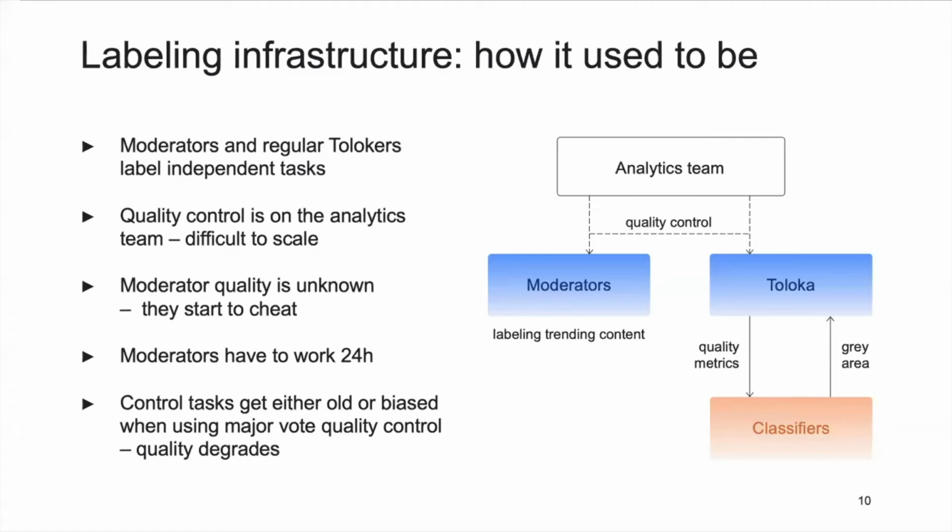This was not very convenient and was very difficult to scale, because what the analytics team used to do is generate our control tasks once and we saw the quality, which was fine. And with time, the project degraded, and we either updated honeypots from time to time occasionally, or we relied on majority vote.